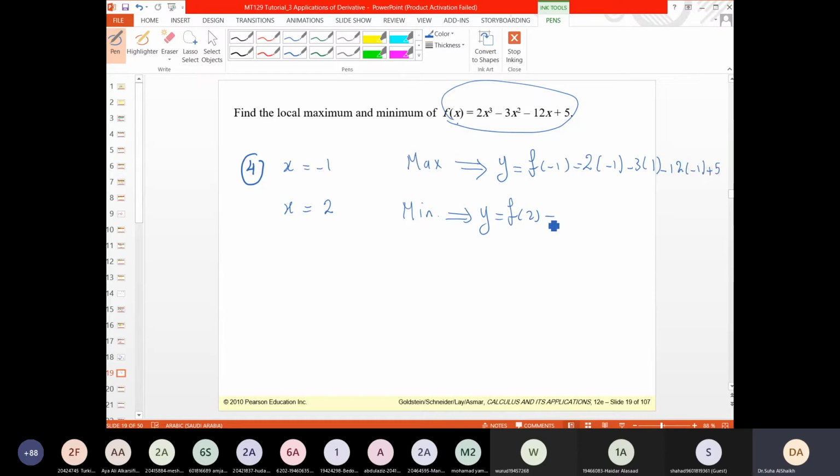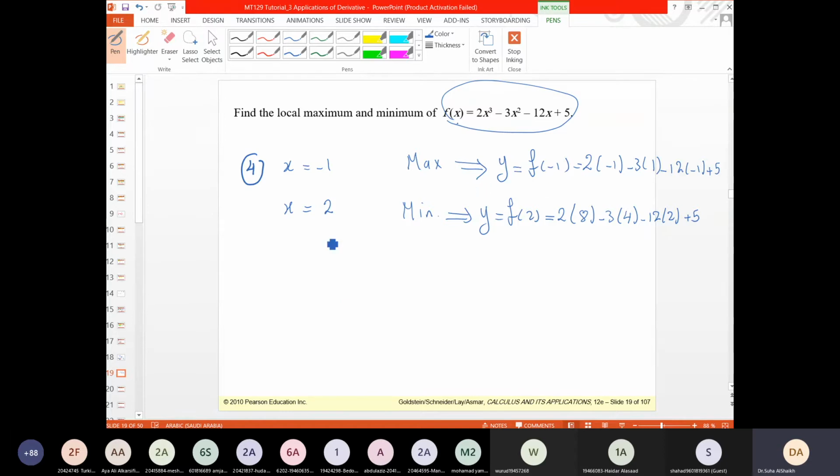And at the 2, it will be 2 times 2 to the power 3, which is 8, minus 3 times 2 squared, which is 4, minus 12 times 2, plus the 5. We do the calculation to get the answer.